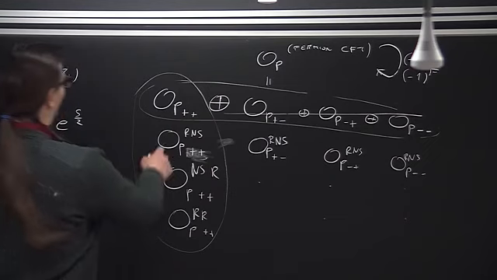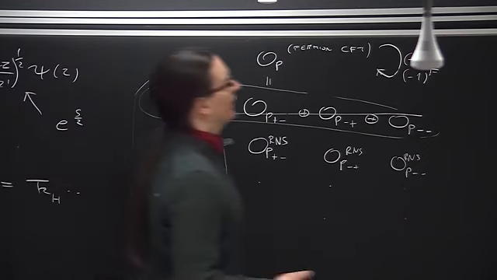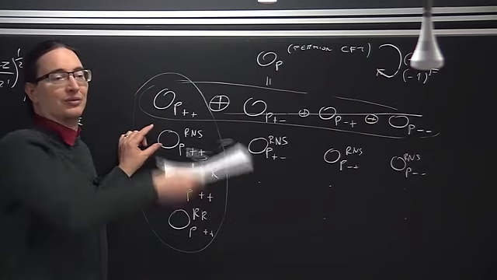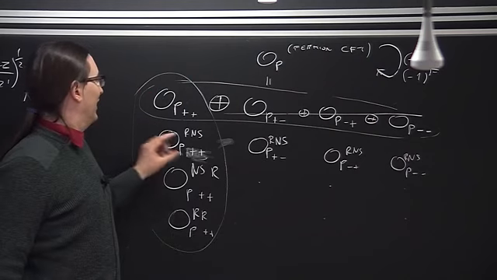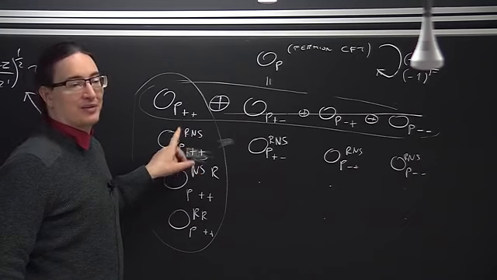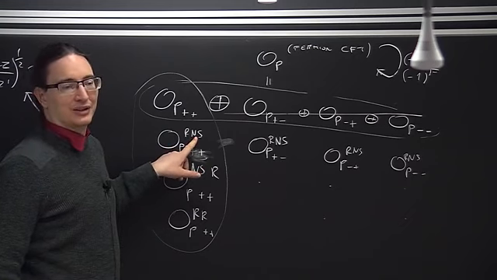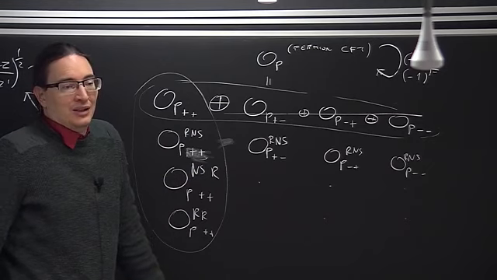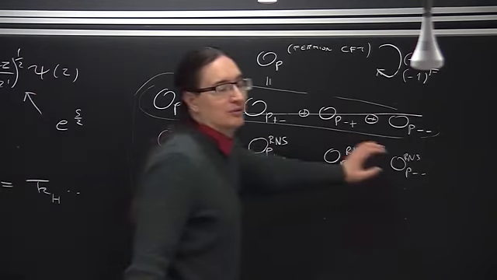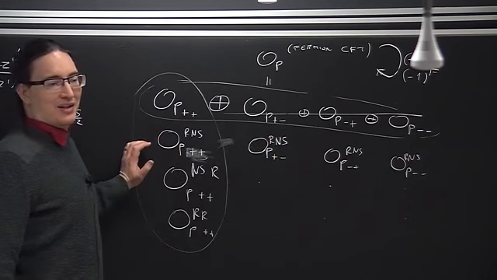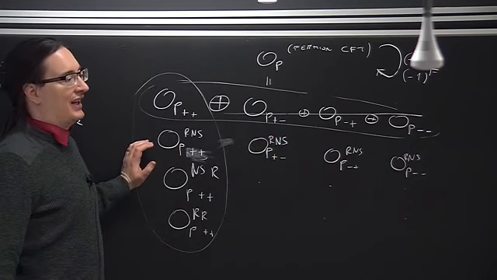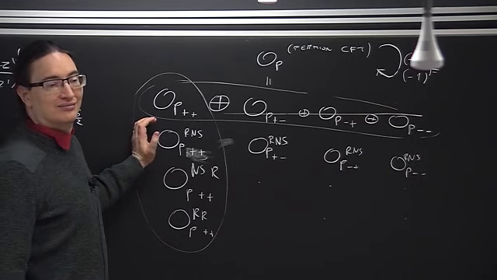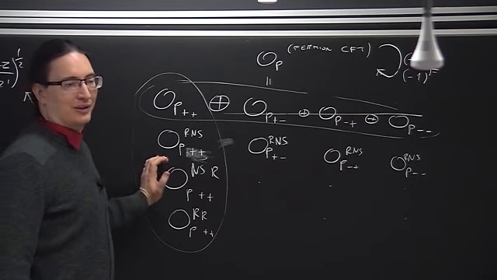So O_RNS describes local operators around which psi will be antiperiodic and psi bar is periodic. There is a space of such local operators. And again, it decomposes into 4 eigenspaces as soon as I decide how (-1)^F and (-1)^F bar act on this space. And so on and so forth.